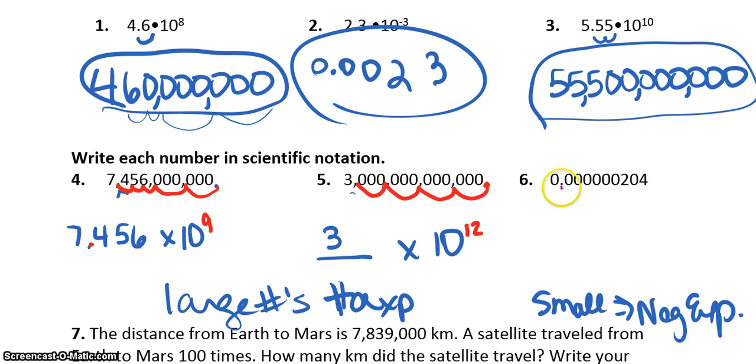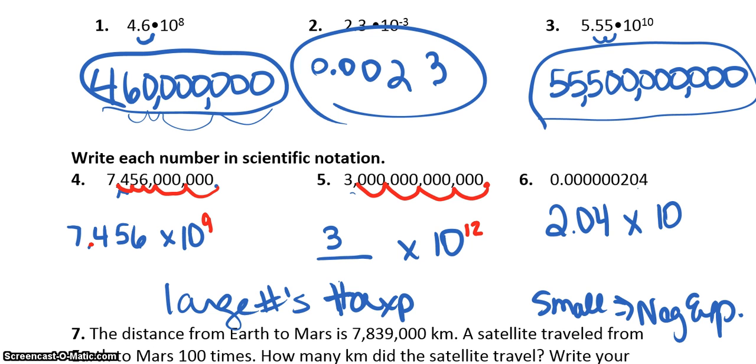So here is our decimal point right now. Where do we put it so it forms a number between 1 and 10? If I put it back here, it would be 204. Here, 20.4. Or here, 2.04. Which of those is between 1 and 10? The 2.04. So we rewrite it as 2.04 times 10 to the what power?